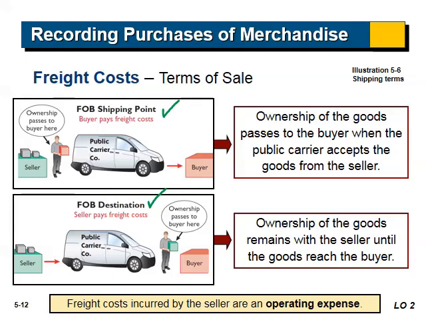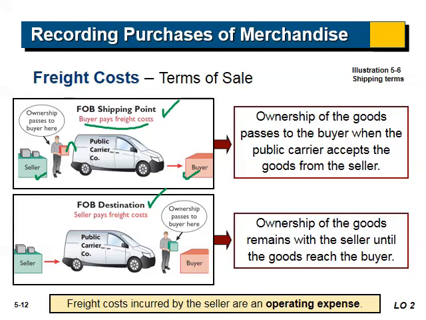So the seller over here is shipping to the buyer over here, and if it's FOB shipping point, it means as soon as it leaves the seller's hands and is loaded onto the truck, UPS, whatever it is, the buyer pays the freight costs and then they'll get the title, and so the ownership transfers at that point.